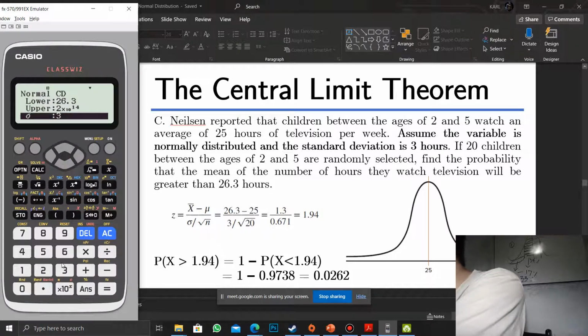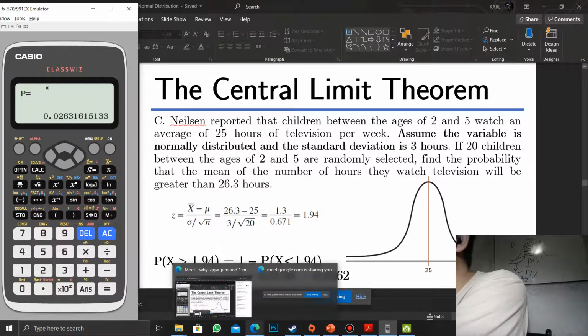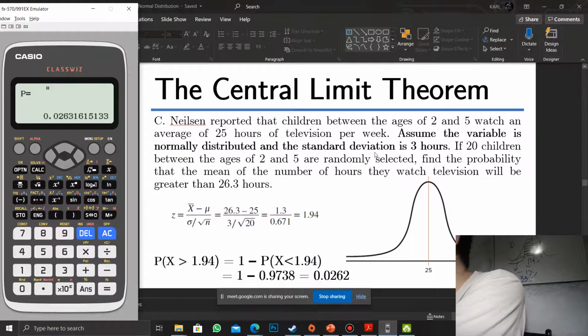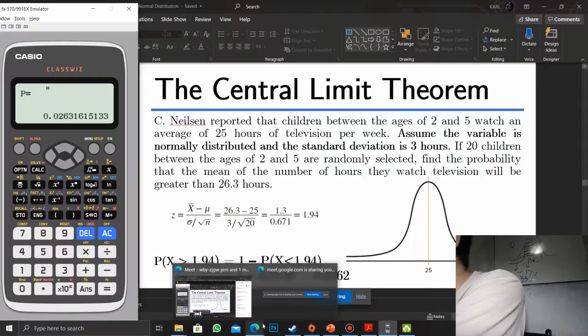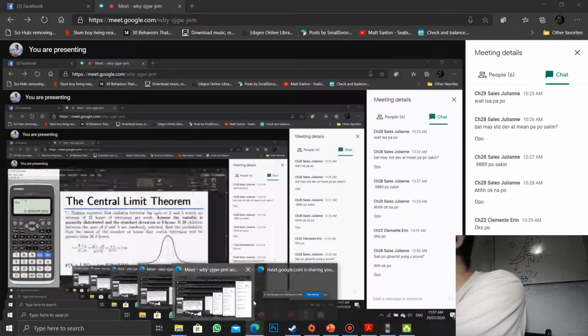Central limit theorem. Apply nyo yan. 3 divided by square root of 20. Sample size, no? Ayan. There we go. 0.0263. Before I continue, nakuha ba? Kung paano? Pareho pa rin, no? Nakuha ba?